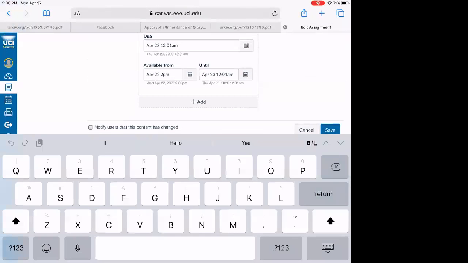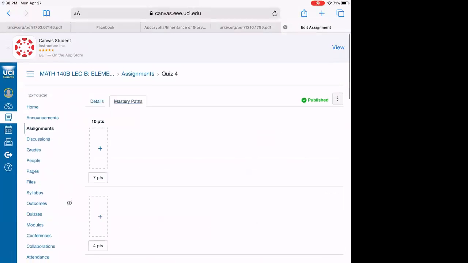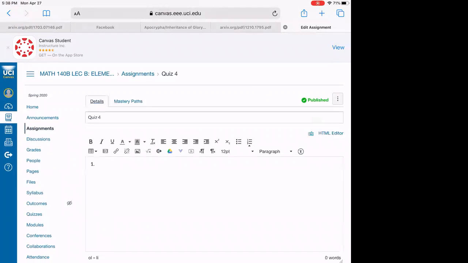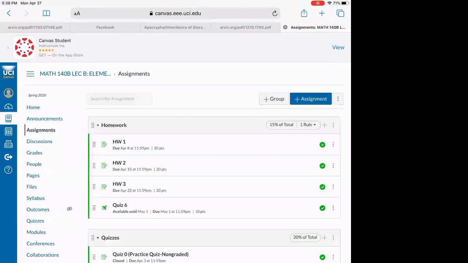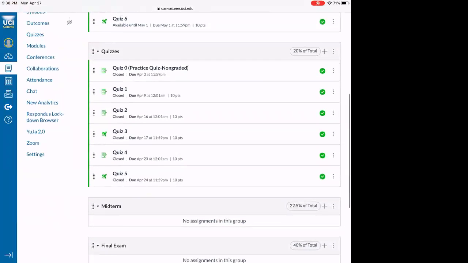Students should be able to see this. Oh, that's pretty weird. Oh no, it shouldn't be the plane. The plane means it's on Canvas.